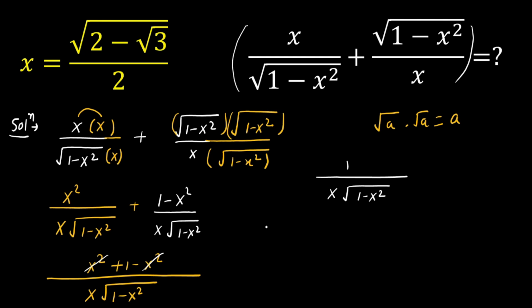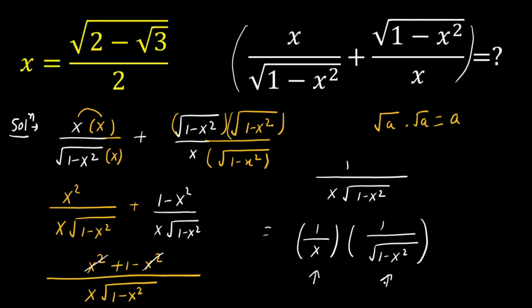Now this expression is the same as 1 over x multiplied by 1 over square root of 1 minus x square. Here first we will find the value of 1 over x, and second we will find the value of 1 over square root of 1 minus x square. And here x equals square root of 2 minus square root of 3 divided by 2.